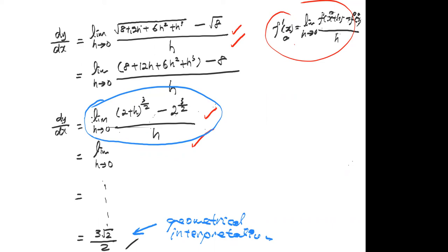At where? So you can't miss out any of the words there. You must tell me at which position. So you see how precise maths must be. If I ask for geometrical interpretation, you must tell me that 3 root 2 over 2 is the slope of the tangent at x equal to 2.